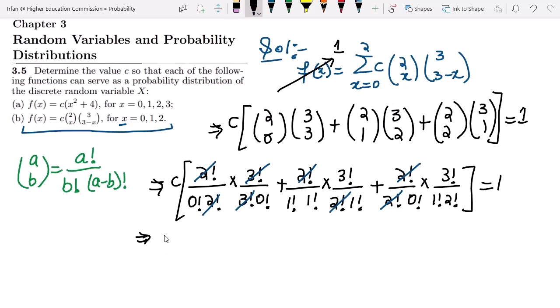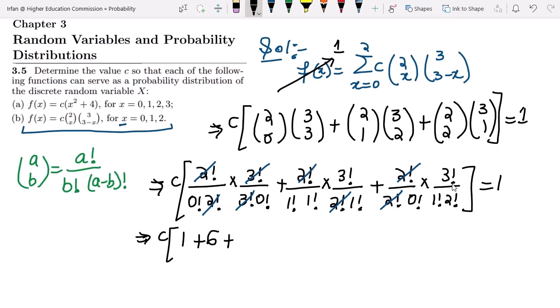So see, and here 0 factorial is 1, so this all will give me 1, plus this is the 3 factorial. 3 factorial is 3 into 2, that is 6. 6 divided by 1 is 6.